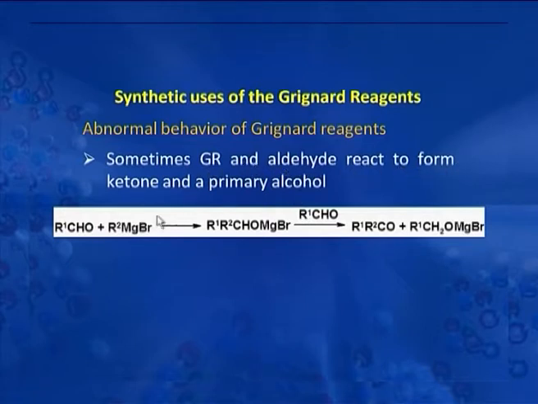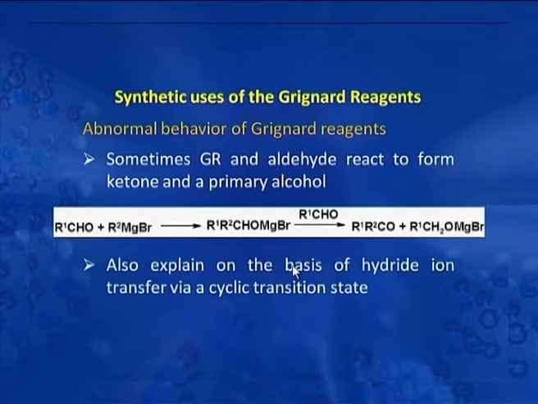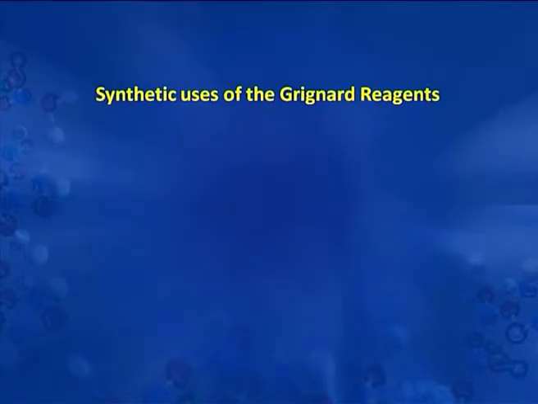In the earlier reaction, we saw the reaction between Grignard reagent and aldehyde formed secondary alcohol. But here, due to some abnormal behavior of Grignard reagent, we found ketone and primary alcohol. This is also explained on the basis of hydride ion transfer via a cyclic transition state.